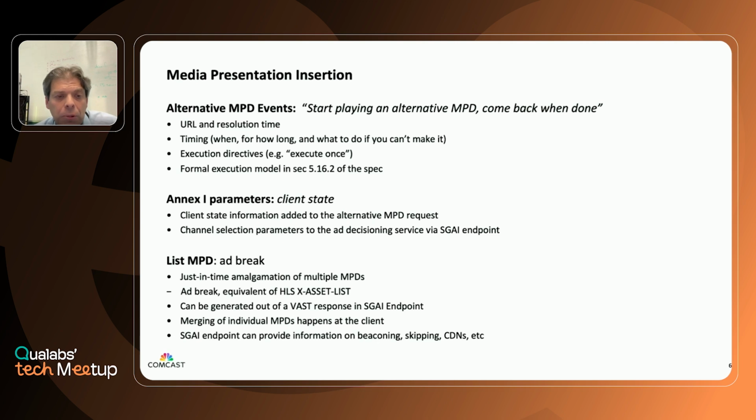The last concept is a list MPD. So this is an ad break that contains periods, each period being a link to some MPD. We'll talk about it later. And this is an equivalent of an asset list, but way more complex than just a JSON file of playlists.